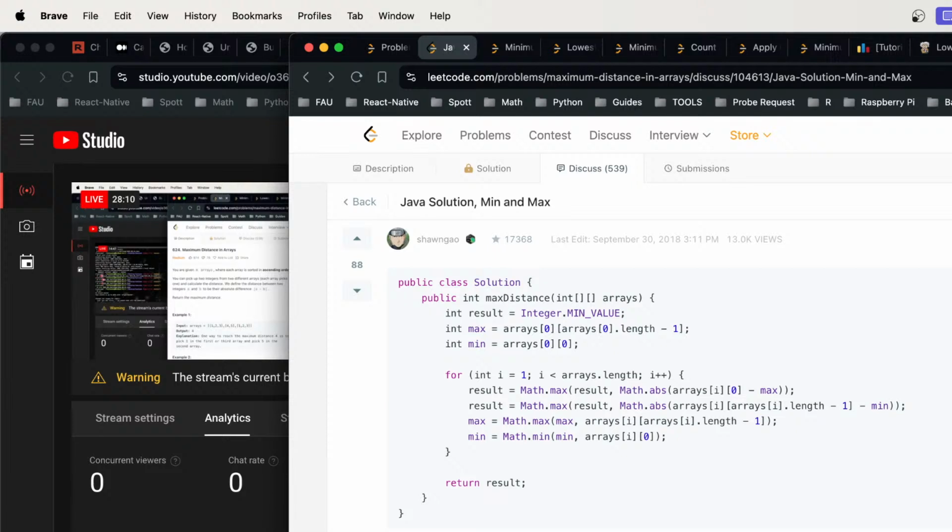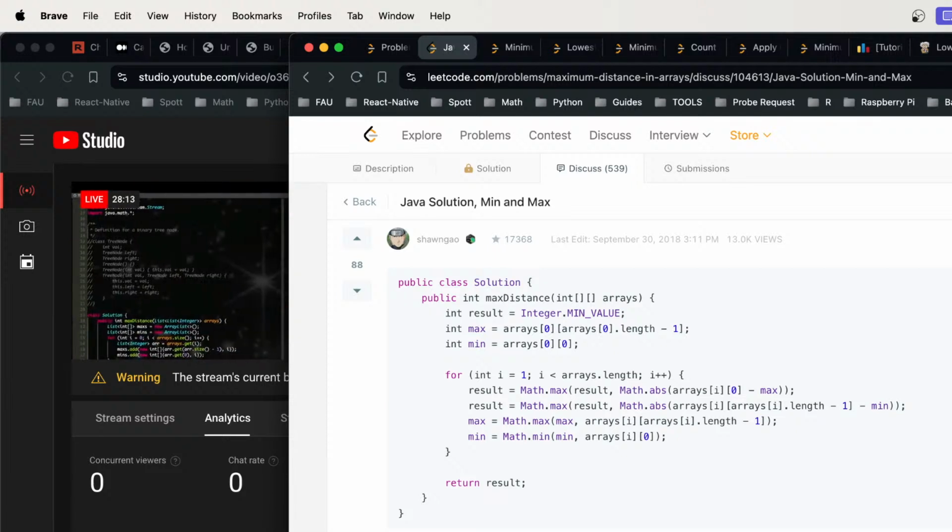Each one has a min and max. We say up until the current one, but not including the current one, what's the overall min? What's the overall max? And if I need to compare with the current min, I will use the overall max so far to compare with this and see if it's good. And I will use the overall min with the current max to see if it's good.